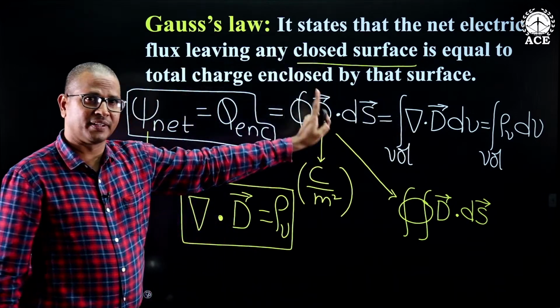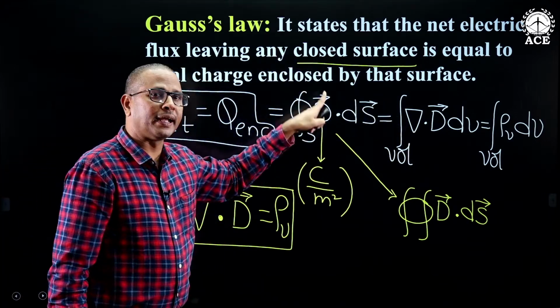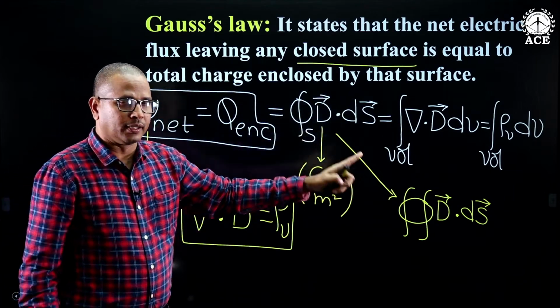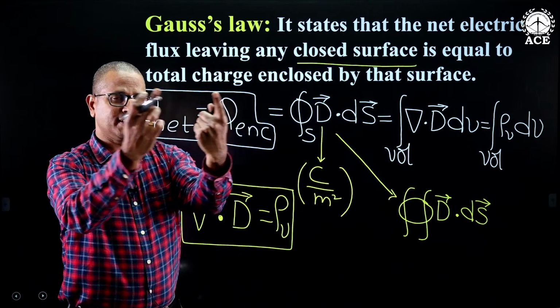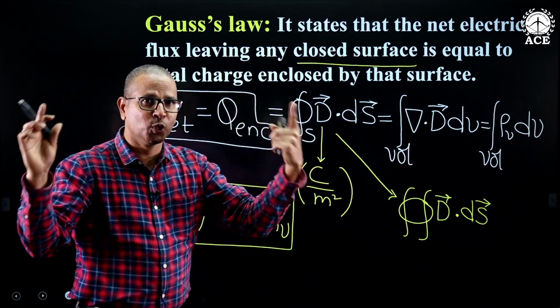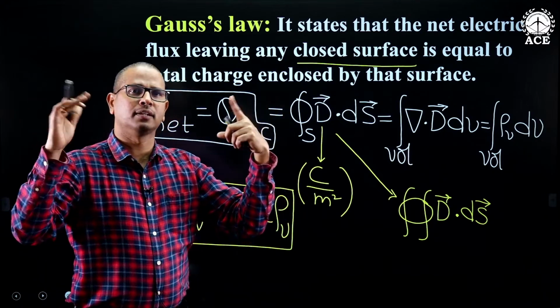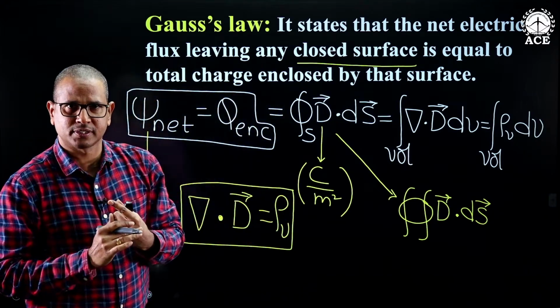The beauty of the divergence theorem is this. If you solve by the direct method, for example, D bar is given in Cartesian and they're asking us to compute the net electric flux leaving a cube or a cuboid. Cube means all dimensions are equal; cuboid does not have equal dimensions.